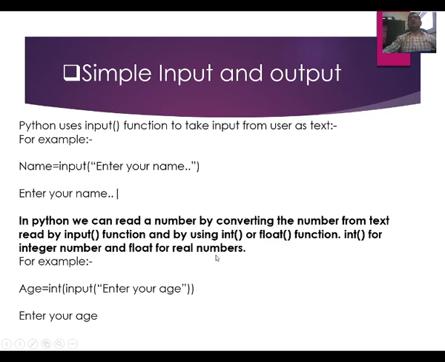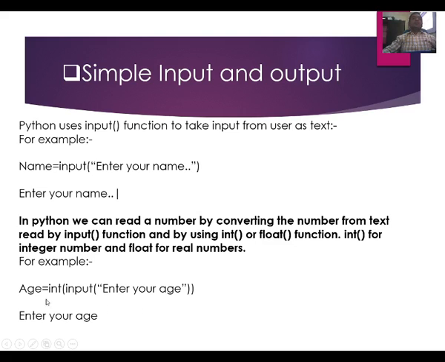If you want to input an integer or a real number, we can use the similar input function, but we need to convert because it reads text. How can we convert text to number? Using the int and float functions.